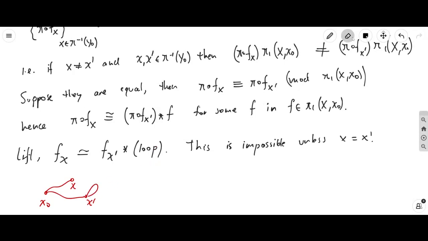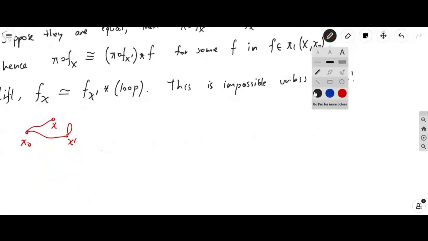And this is where we have a problem. How can these be path homotopic? This does not make sense. How can these be path homotopic to each other? If they're path homotopic, then there has to be something, right? This is where it's a problem, because this one lifts to a loop. And so you have an issue that this whole thing is homotopic to that one, even though the endpoints are different. So this is where you have a problem.